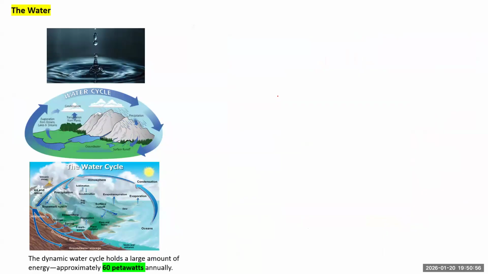Another is the water. You may be curious, can we make use of water for energy efficiency? The answer is yes, because the dynamic water cycle holds a large amount of energy, approximately 60 petawatts annually.